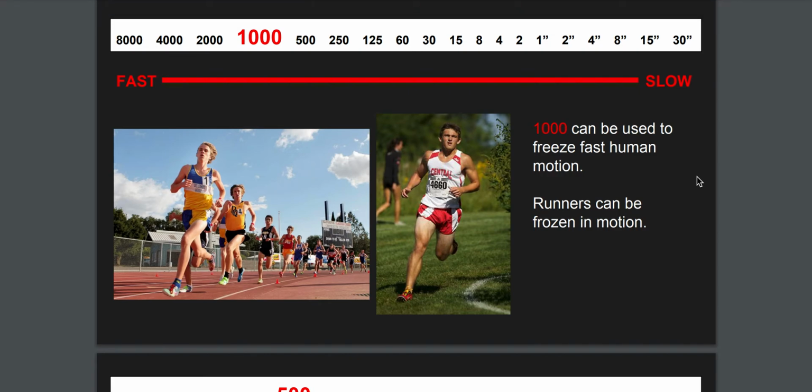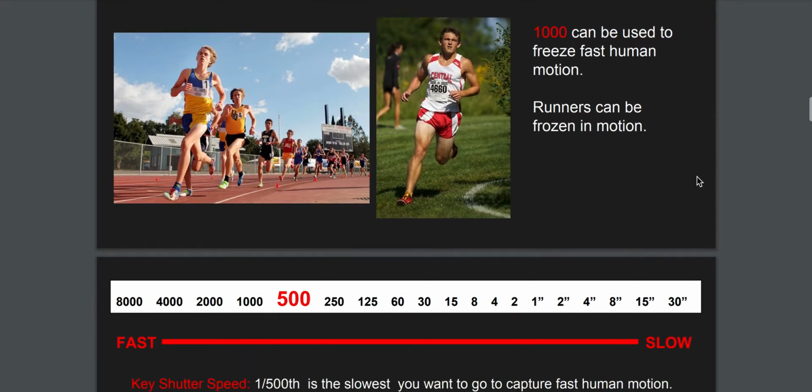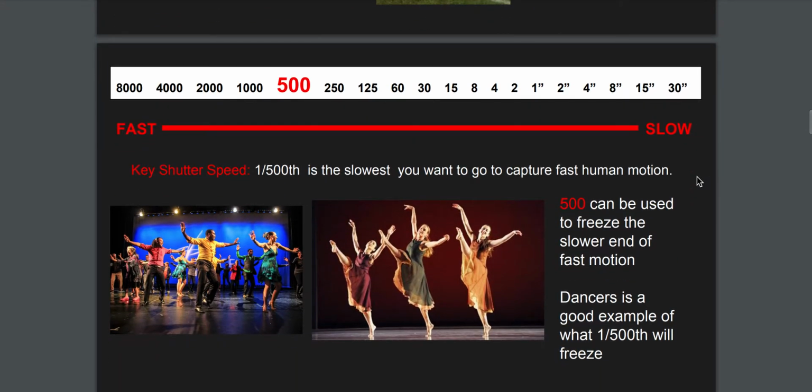Then I might bump up my shutter speed. 1/500th of a second is the slowest you really want to go to capture human motion. Dancers are a great example where they hold that pose for a slightly longer period of time. But really, anything that you're trying to freeze in motion, this is the lowest setting you should go.